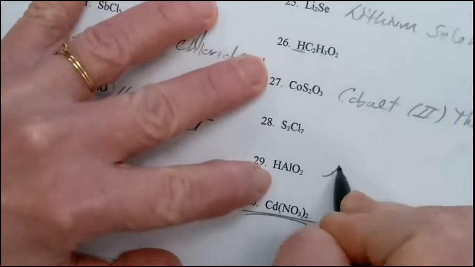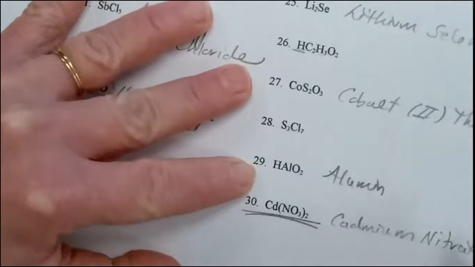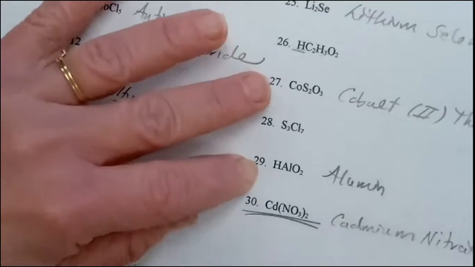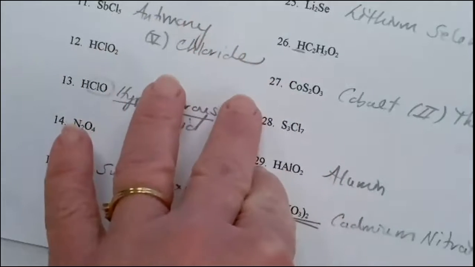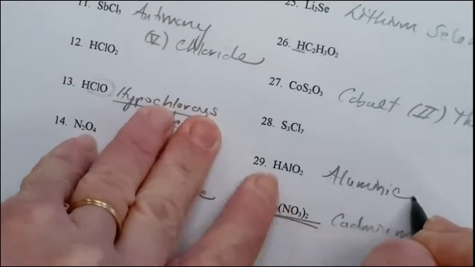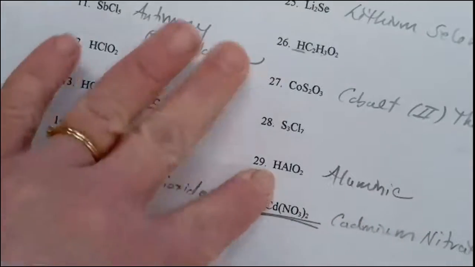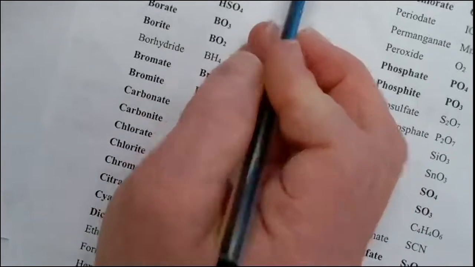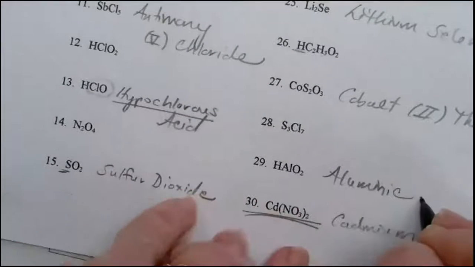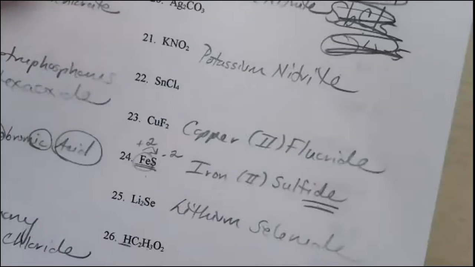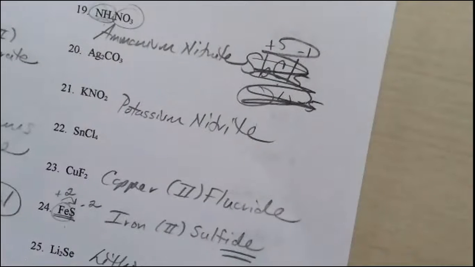And 29 is aluminic acid. AlO2⁻ is aluminate. AlO2 with a -1, aluminate. -ate goes to -ic, so aluminic acid. Questions on any in the right column?